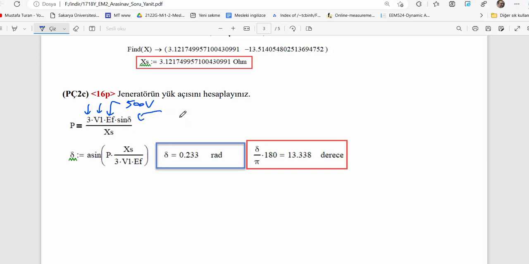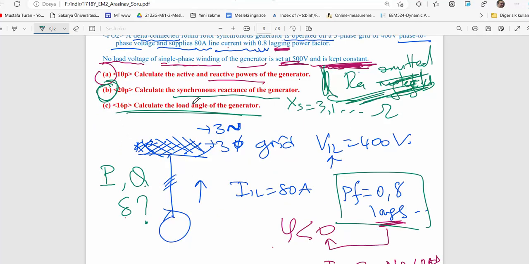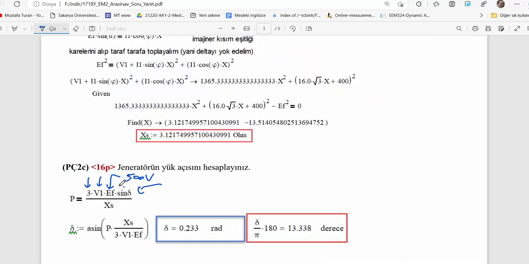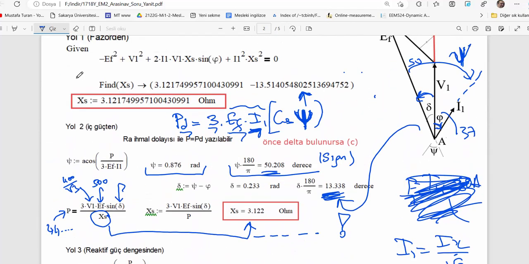We know the second case delta, beep, beep, beep. No, we don't know because delta is asked right now. We don't know delta. We know the power, which was 44 kilowatts, something like that.